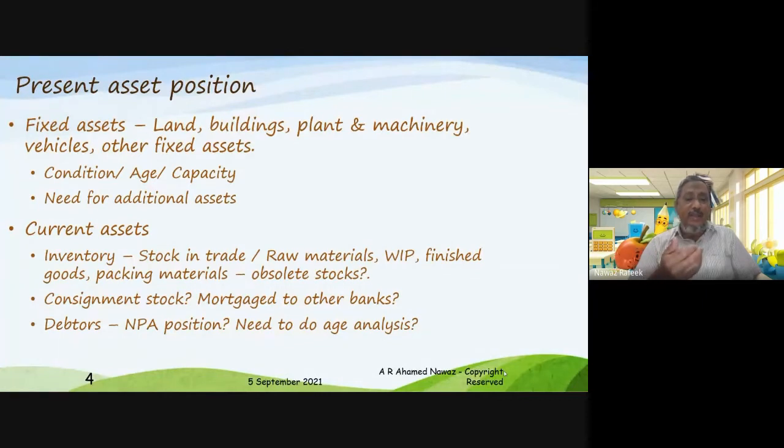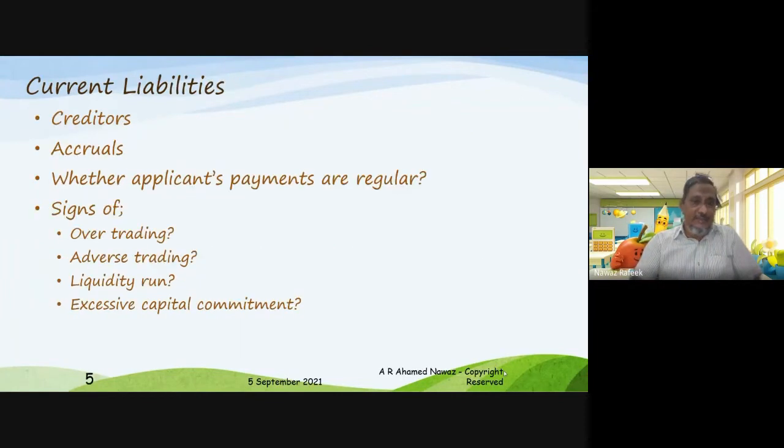If there are any debtors more than 6 months, that's frozen, it has to be written off to the P&L. Sometimes the customer does not write off because the profit may decline. Therefore, they just keep the debtors in the debtors register, but they cannot collect it, it is useless. So we have to check whether provision has been made as doubtful debt. So this is checking the current assets for the customer.